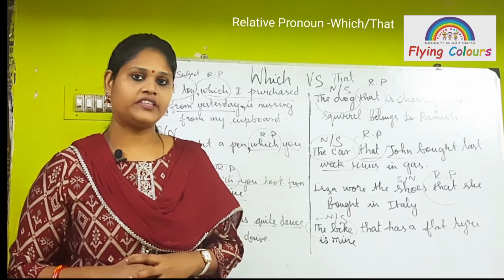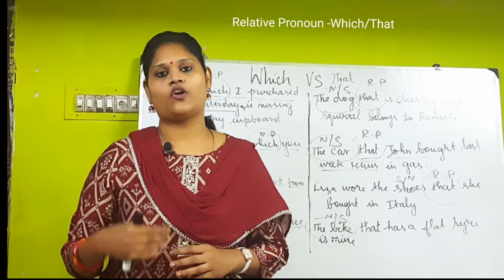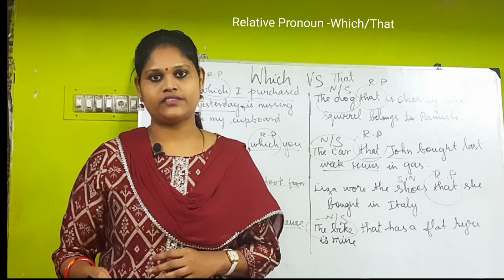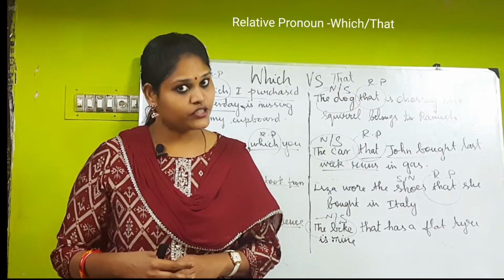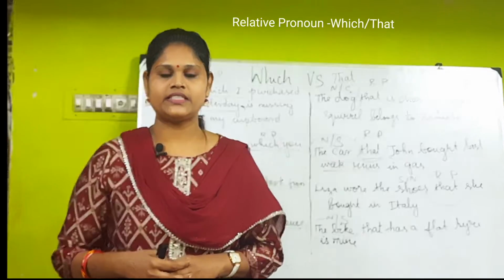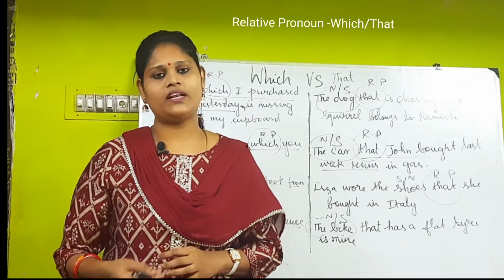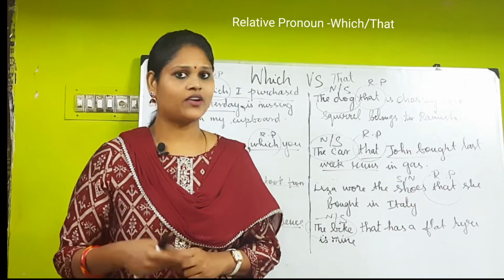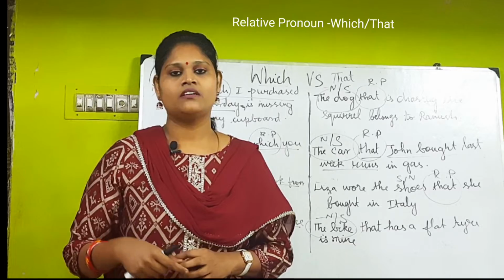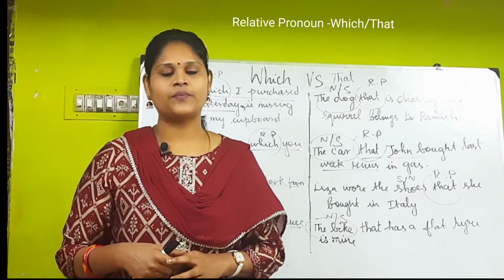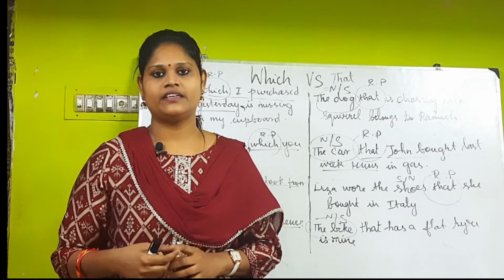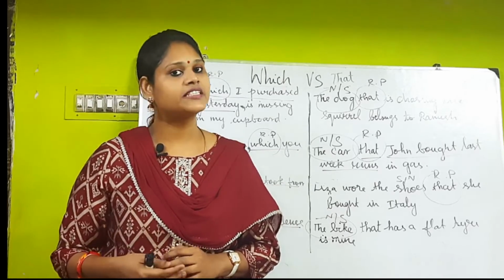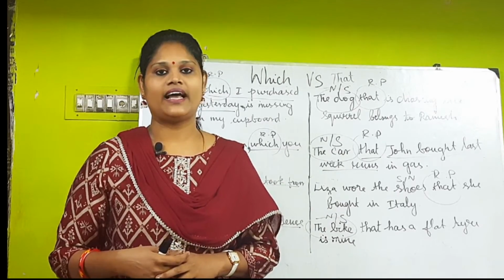So I repeat, which will come for a non-essential clause in the sentence, and that will come for an essential clause in the sentence, and which will be set off by commas, while that cannot be. Which and that are relative pronouns used in different ways. These are the differences between which and that.